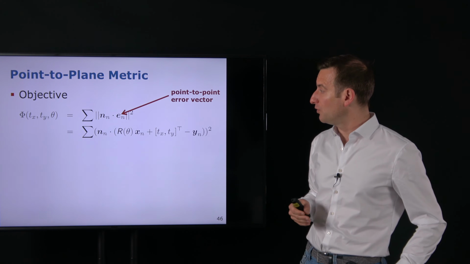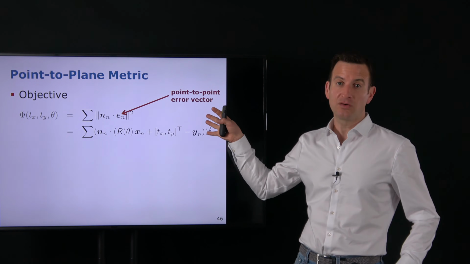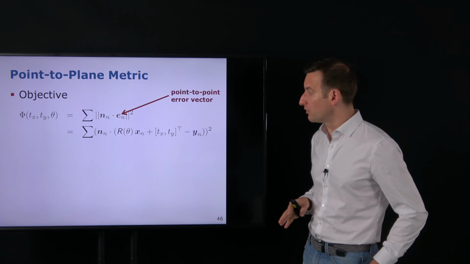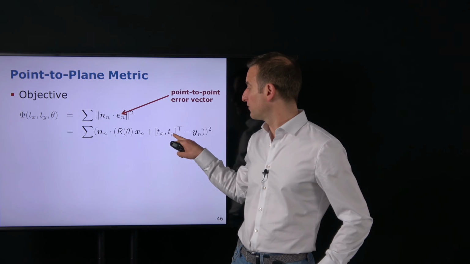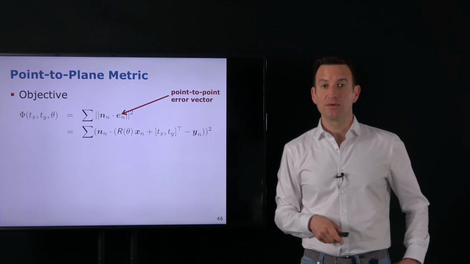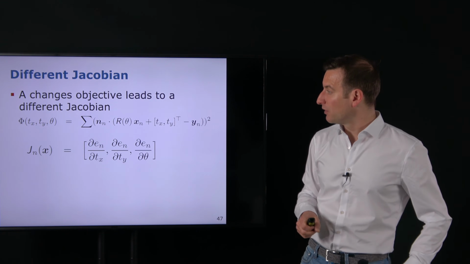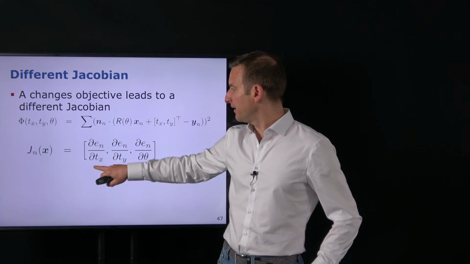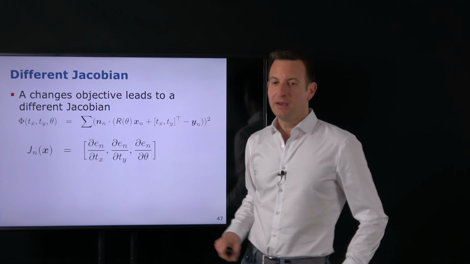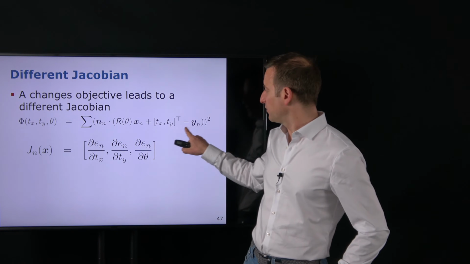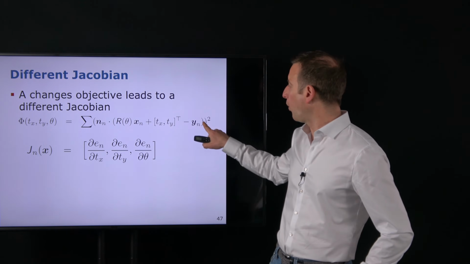And I need to linearize it and compute the first derivative with respect to the parameters, which are again tx, ty, and my rotation component theta. So I have my Jacobian, my error vector over here, derived with respect to tx, ty, theta. The thing to note in here is that this expression over here is a 1D error function.